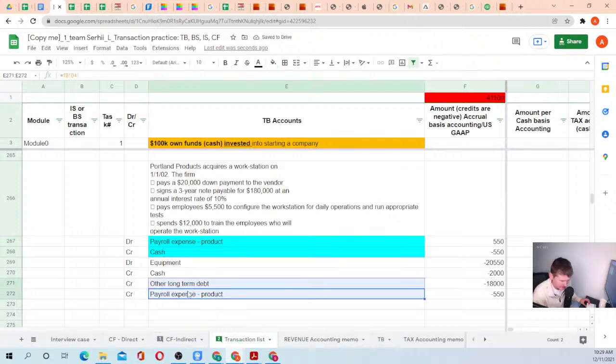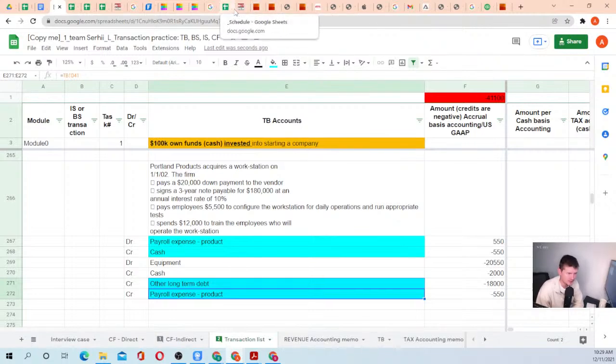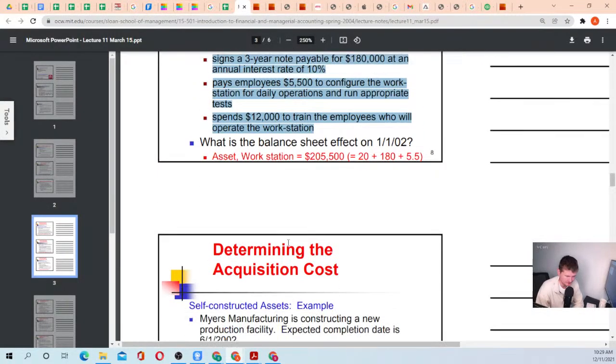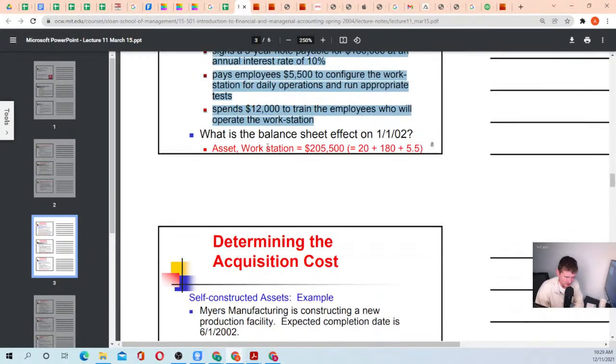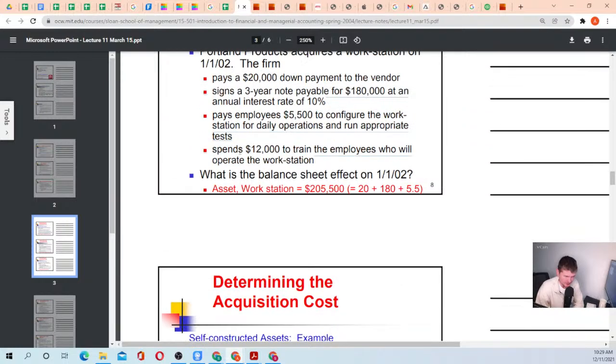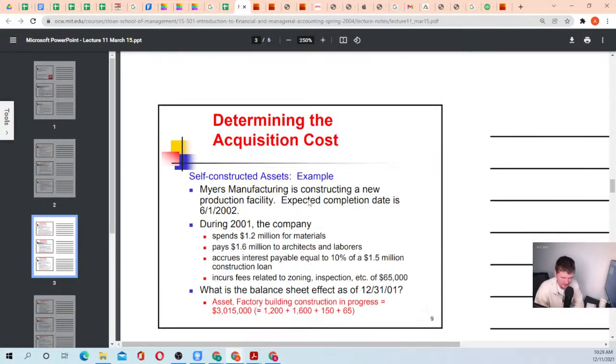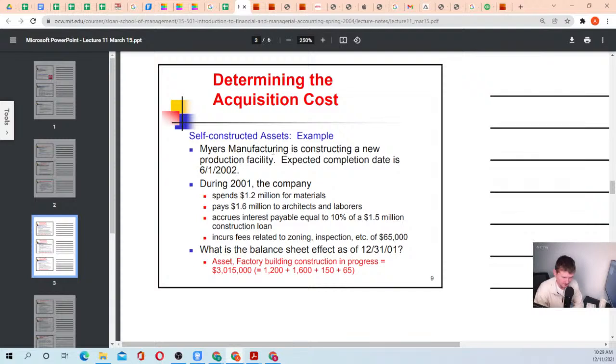This is how, and this is how. Okay, let me see the timing. 10:45. Okay, so these are basically the entries which we do. So here they do not capitalize training, and we will look into that further.